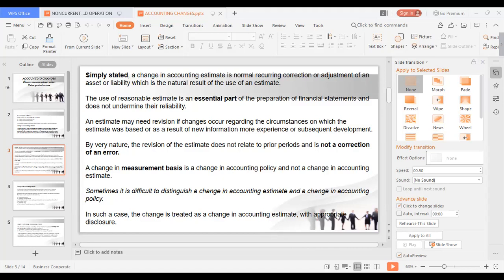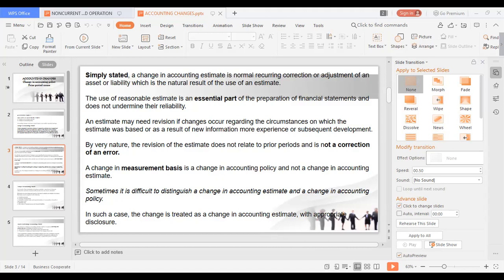The depreciable cost is 1.4 million divided by 2 years, so we have 700,000 a year. That's for problem 8.5.